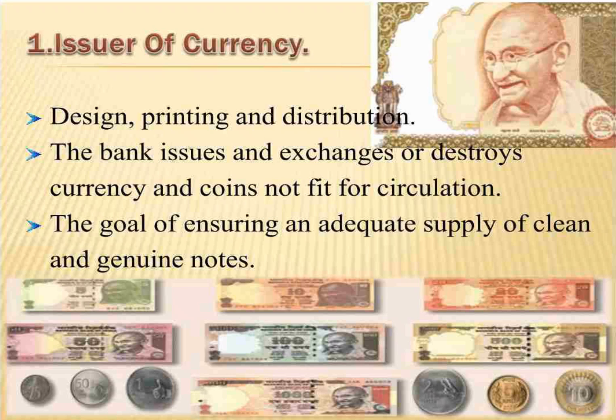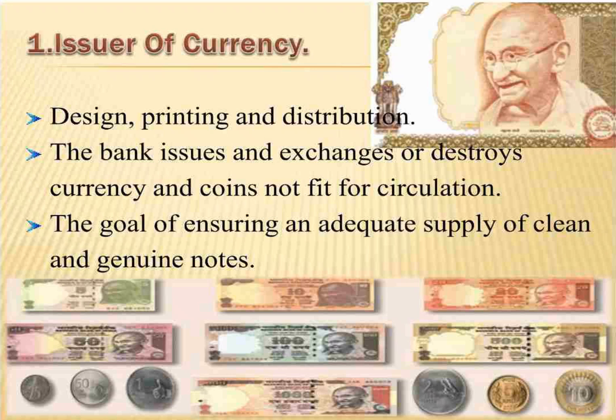The main objectives of issuing currency are to maintain an adequate supply of money according to the needs of the economy and to replace damaged or old notes in circulation.